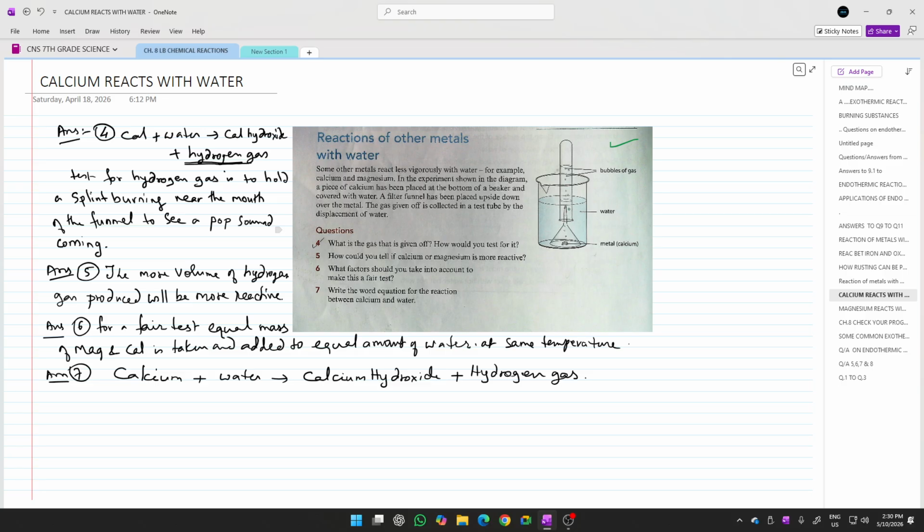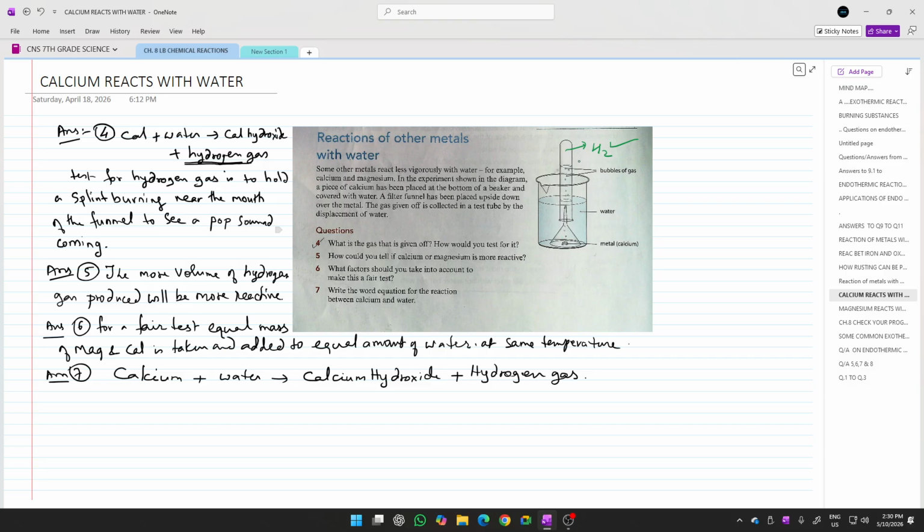The hydrogen gas coming out from this funnel gets collected by downward displacement of air, because hydrogen is lighter than air. So hydrogen will go and occupy the space above in the test tube, and the air will be displaced in the downward direction.